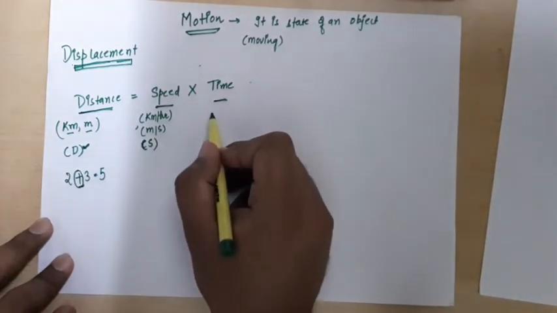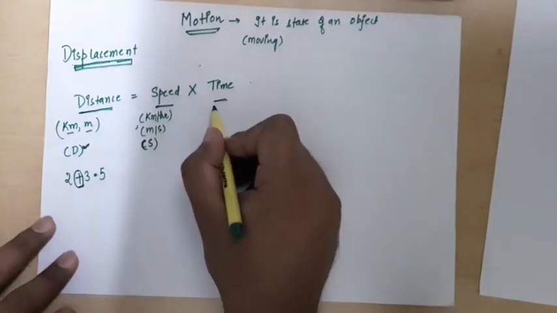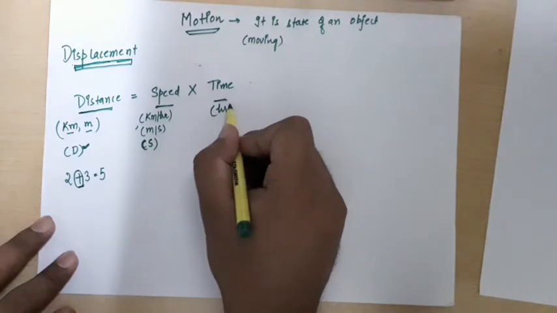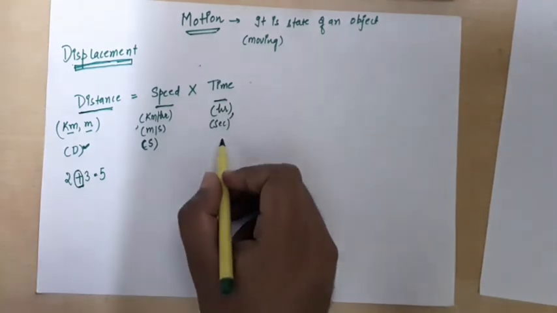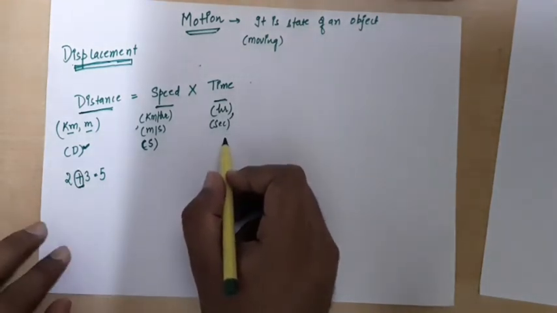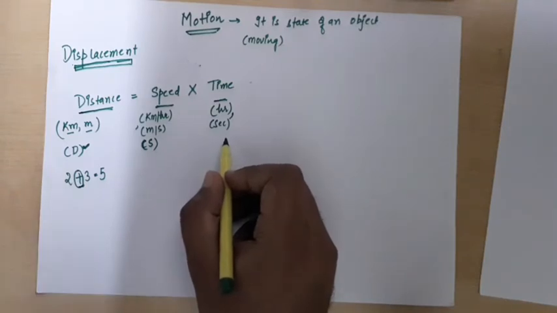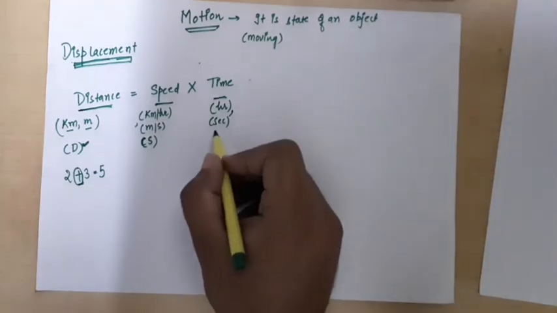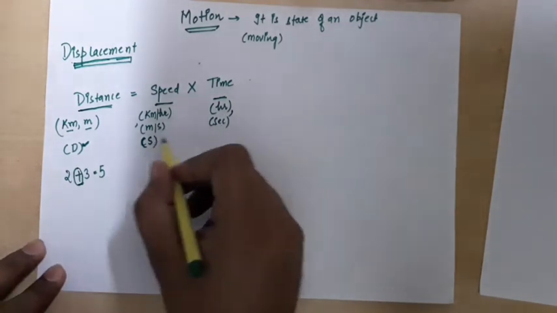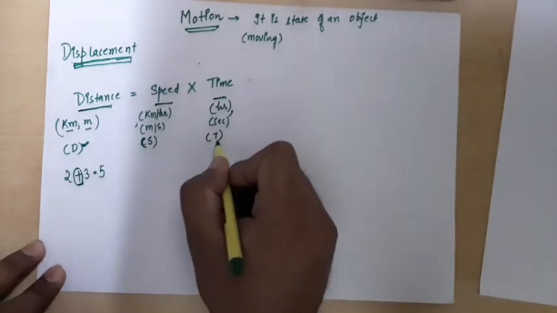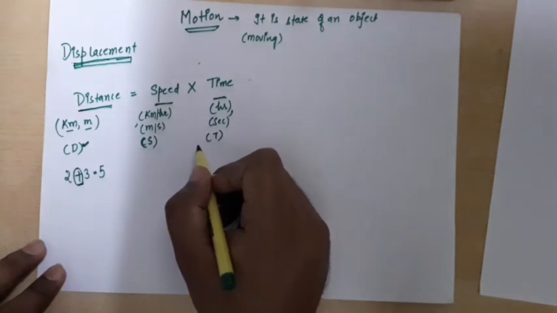Time is measured in hours, or in some cases in seconds in this chapter. Basically we have to convert the units which you have learned in your junior classes. I'm just giving a recap of it. Time is measured in hours and seconds, and it is denoted by capital T.